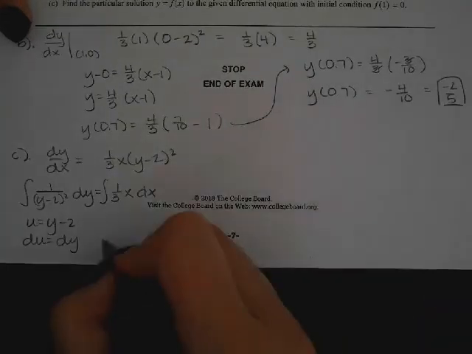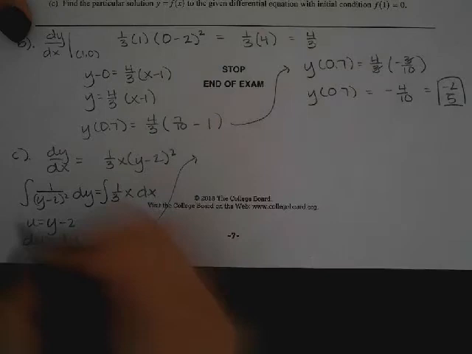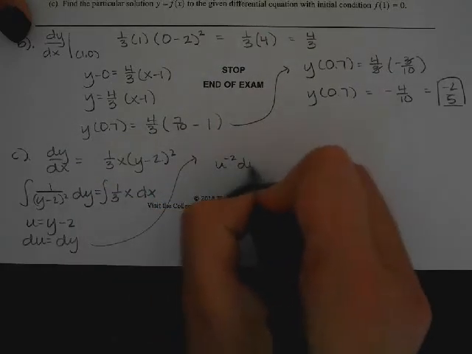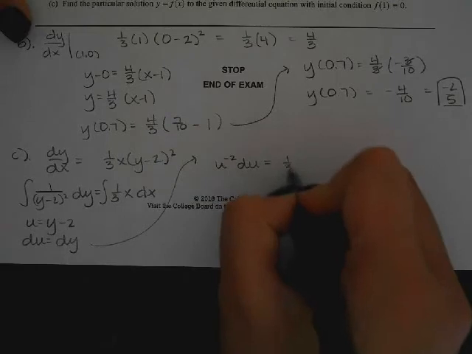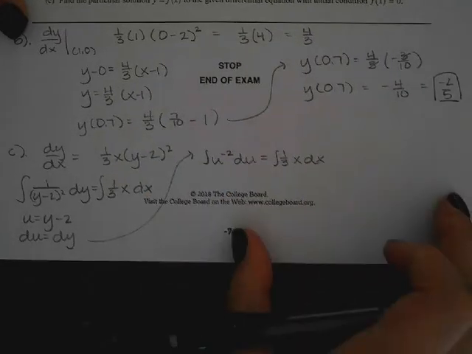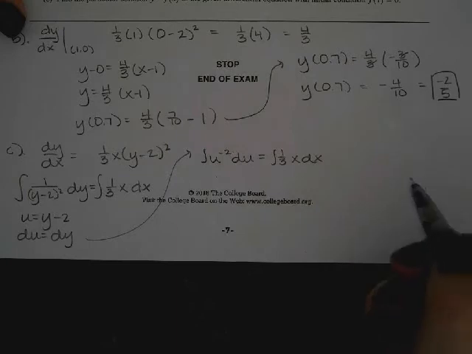And so I end up with 1 over u squared, which is u to the -2. And so if I add 1 to the exponent, I get -1, and then I'll divide by -1.